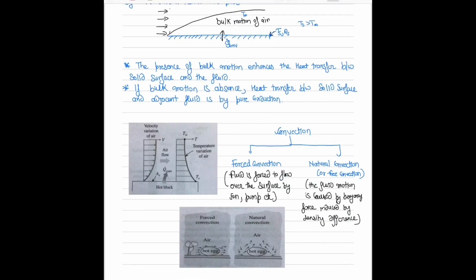When any fluid is flowing over a solid surface, it forms a layer of stagnant fluid which is known as the no-slip boundary layer.